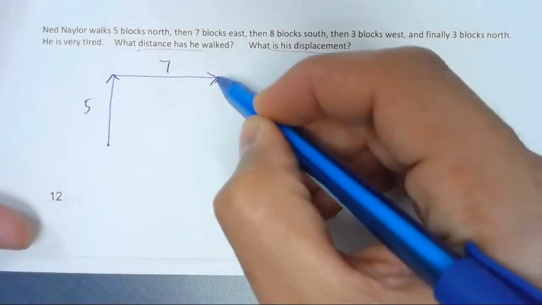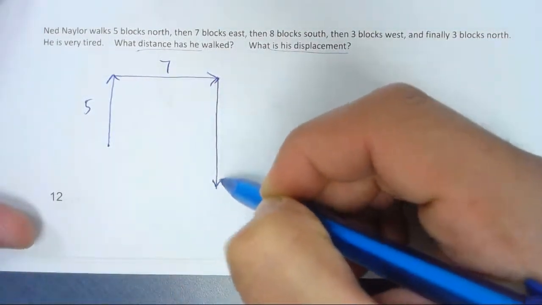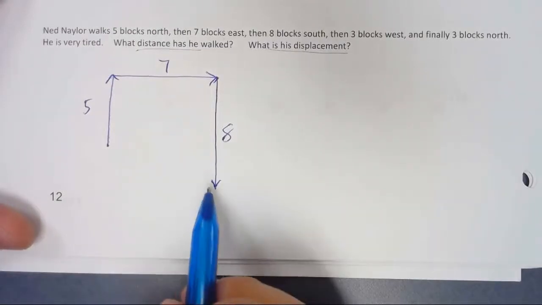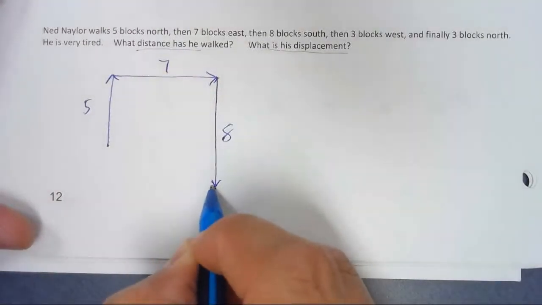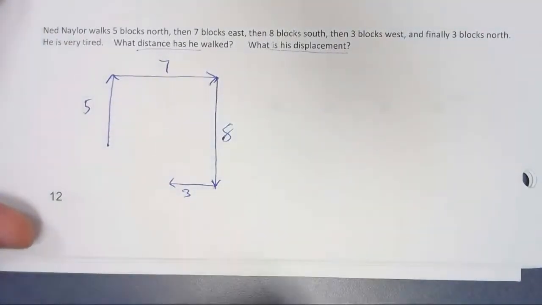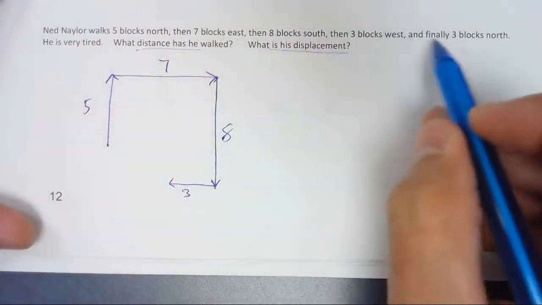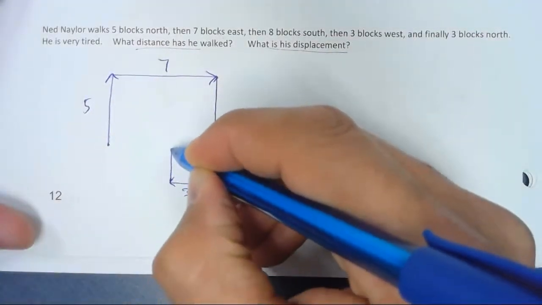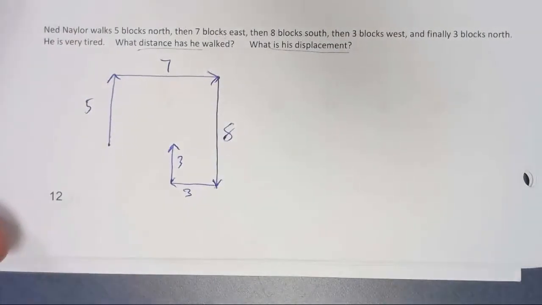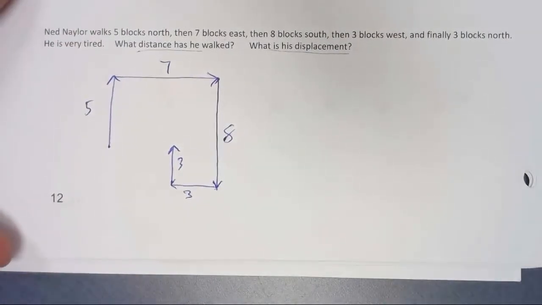The 8 has to be longer still than the 7, probably something like that. And then he's going to go 3 to the west from there, so I'm going to say 3 is something like that. And then 3 north from that point, and that is going to be something like that. Pretty proud of myself actually for drawing that picture.